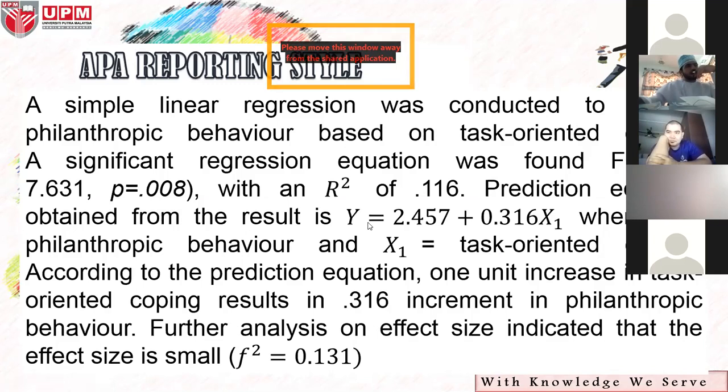Further analysis of the effect size indicated that the effect size is small, so you present the effect size value. In terms of the flow, make sure you report the overall model first before you report the individual contribution. You need to report the F value, followed by the T value.